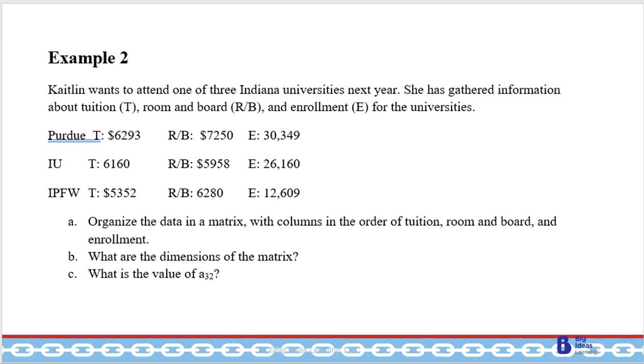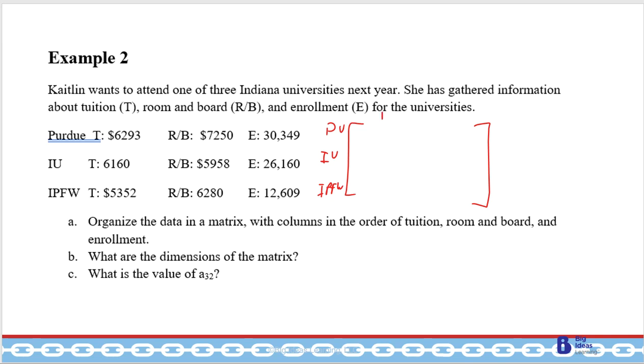So an old-fashioned spreadsheet here. Caitlin is looking at some universities. She's got her data organized in a matrix. So it asks us to organize the data in a matrix, right? We would basically bring all of these labels and put them outside of the matrix, right?